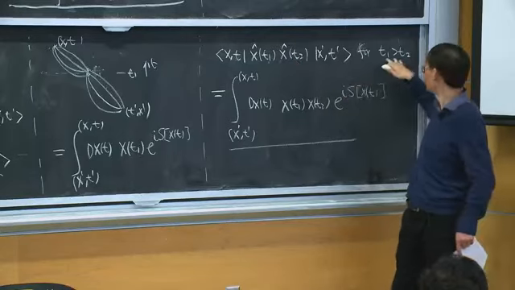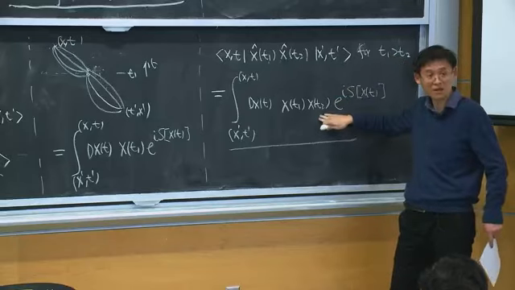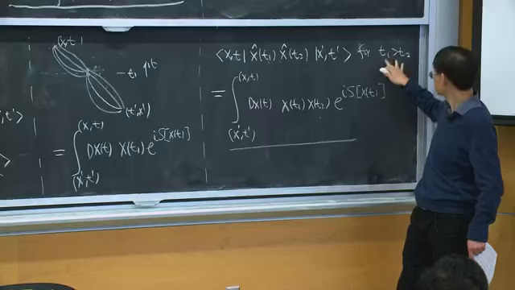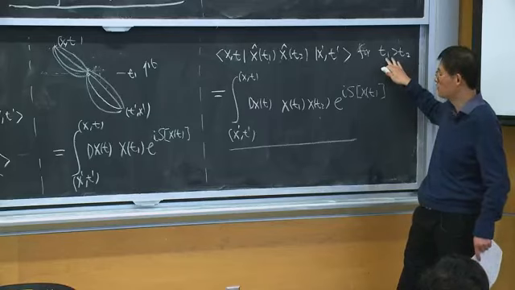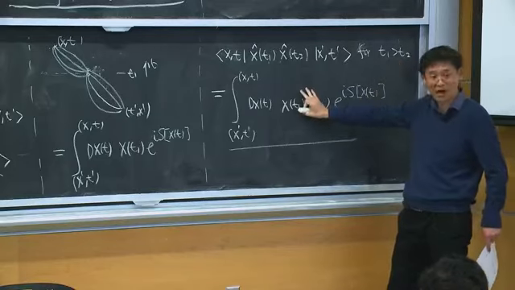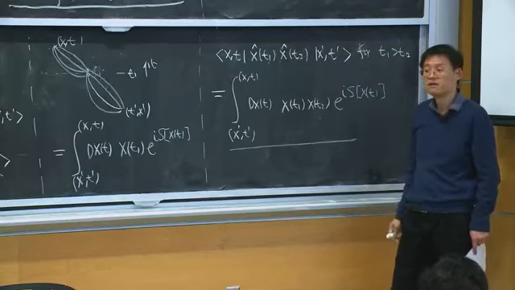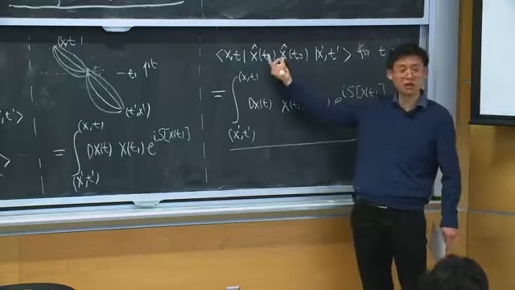For t1 greater than t2, we have this equal to that. But now suppose it's the opposite, t2 greater than t1. On the right-hand side, we still have this one. But what should be the left-hand side? X2, X2. Exactly, just exchange x2 and x1.